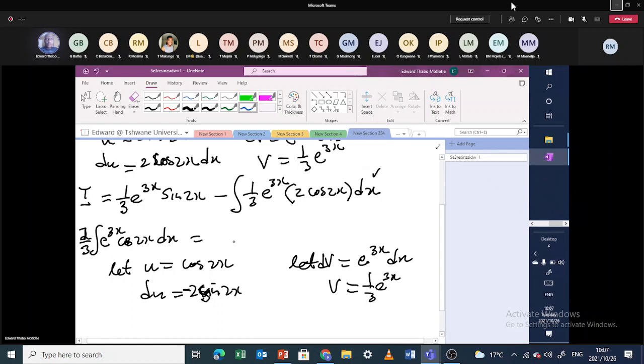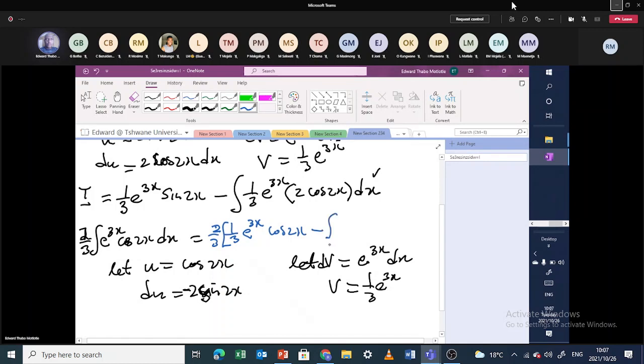Remember, multiplying by 2 first, 2 over 3, and then substituting my u and v, it's 1 over 3 e to the power 3x cos 2x, minus the integral of what?